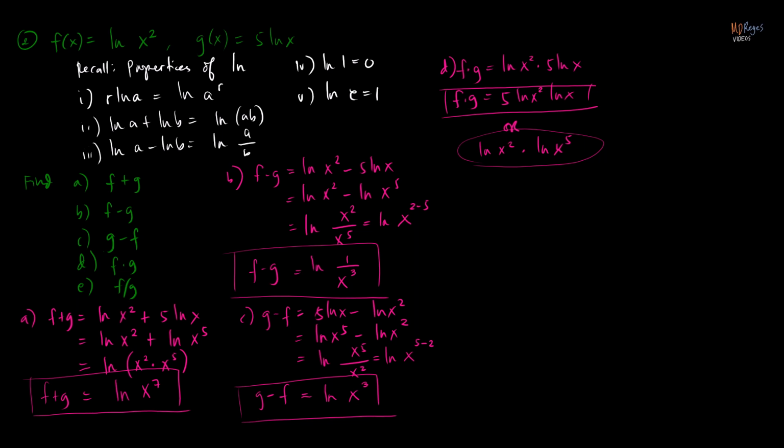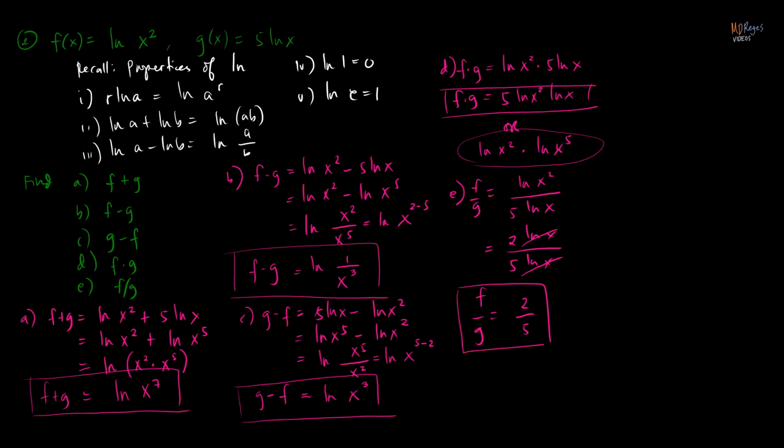It's the same thing. It's also correct. And then for the last one, f over g, it's simply ln of x squared over 5 ln of x. The numerator, using property number 1, can be written as 2 ln of x, and then the denominator is 5 ln of x. So ln of x over itself is just 1, so therefore f over g is simply equal to 2/5. Alright, that's it.